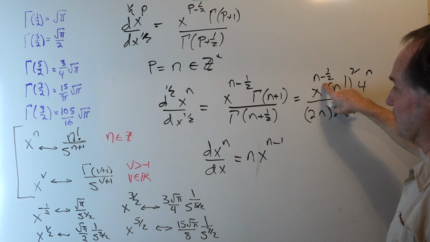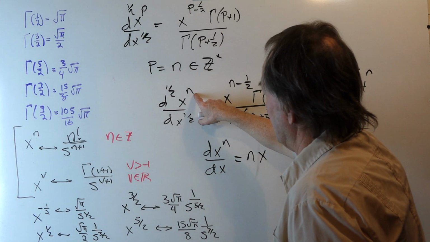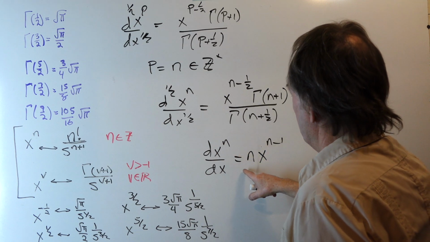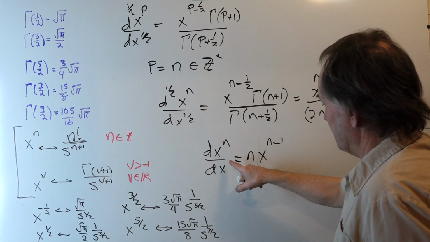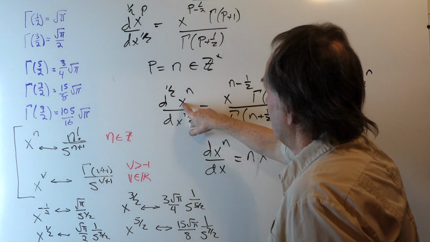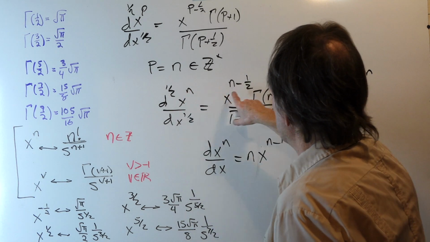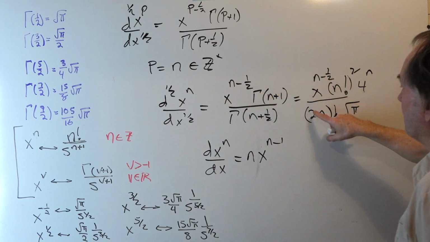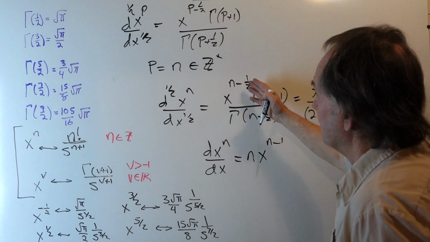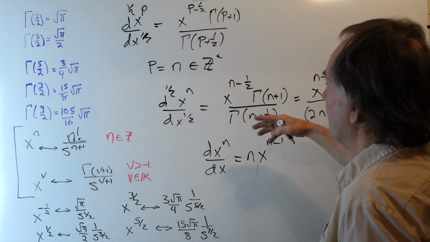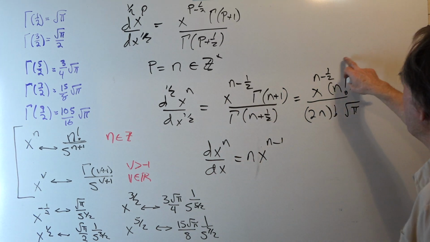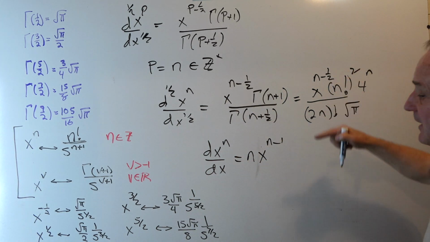The only thing that's intuitive is we reduce the power of n by the same as the order of the derivative, just like we did here. We're taking the full derivative on x to the n, so we reduce the power by 1. Here, we're taking the 1/2 derivative on x to the n and we reduce the power by 1/2. But the constant that goes out in front is not the 1/2 or the n that we had with the full derivative. We end up with something fairly complicated.